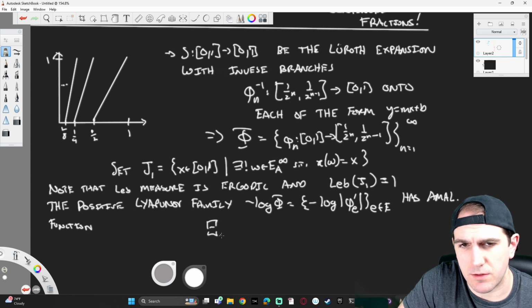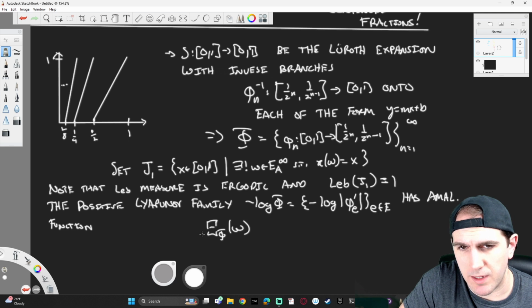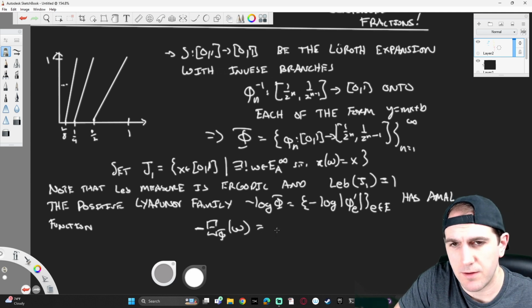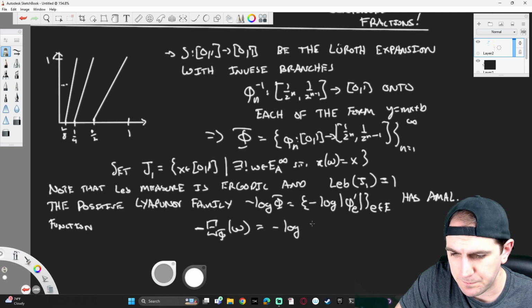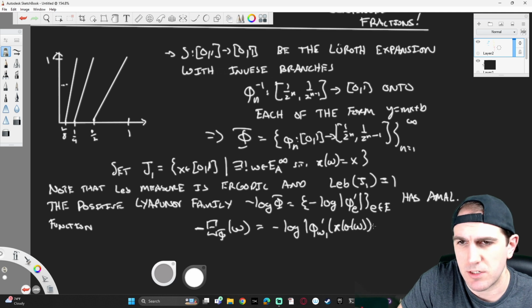So I'll use capital C of phi of omega, and I want it to be the positive Lyapunov family, so I'll make a negative there. It'll be minus log absolute value phi omega 1 prime of pi of sigma of omega. And that's just the definition of amalgamation.